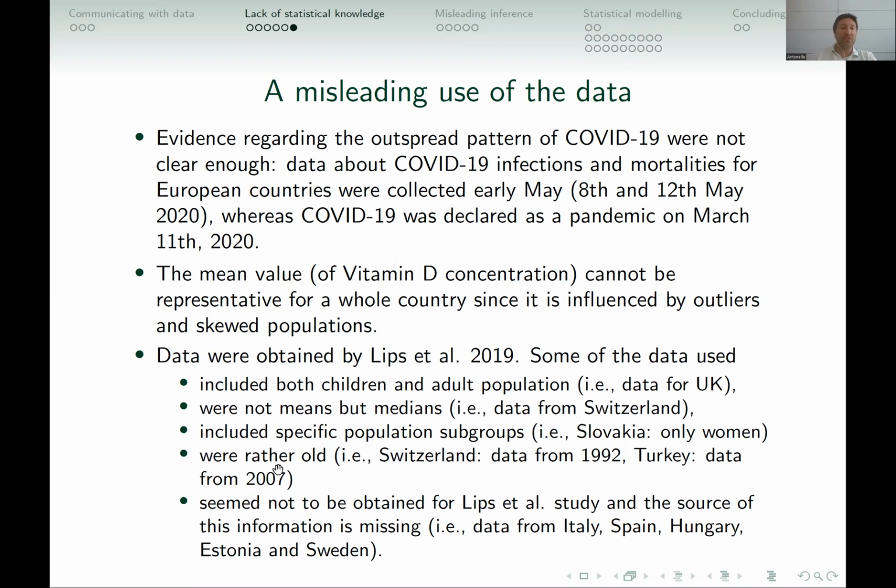For example, some data were relatively old, from the 90s, referring to Switzerland, or 2007, referring to Turkey. Believe me or not, my letter where I explained the misleading use of statistics has probably 3 or 4 citations, and it's pretty much the same for this other letter explaining the misleading use of the data.